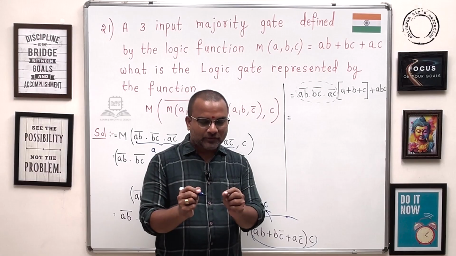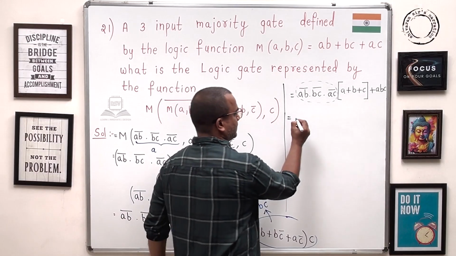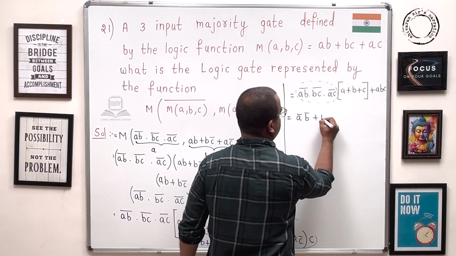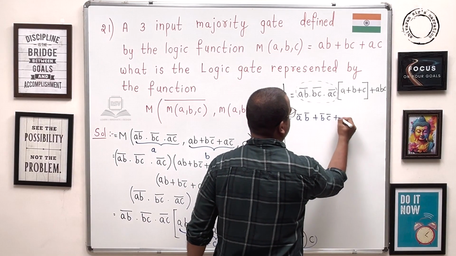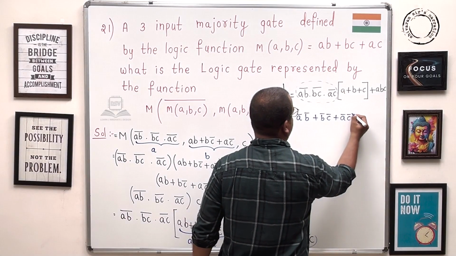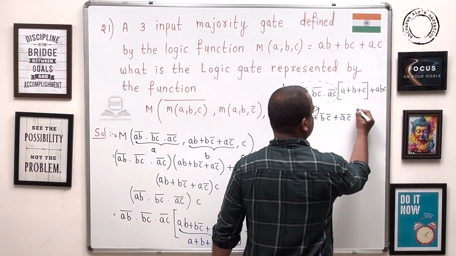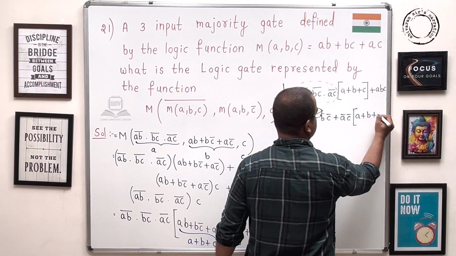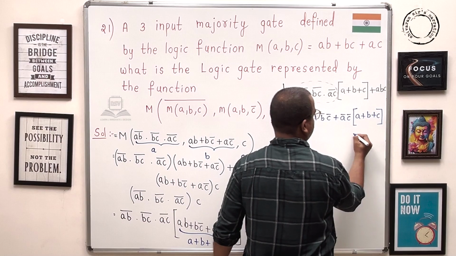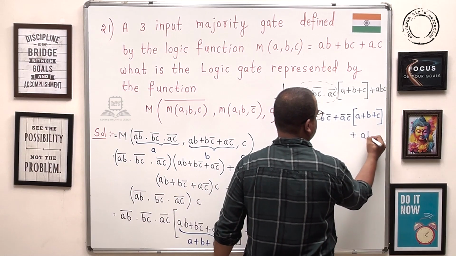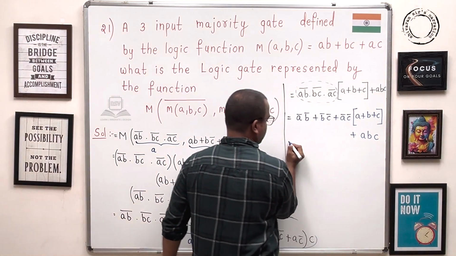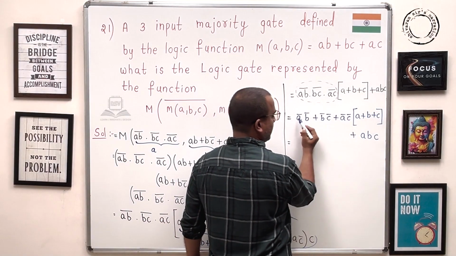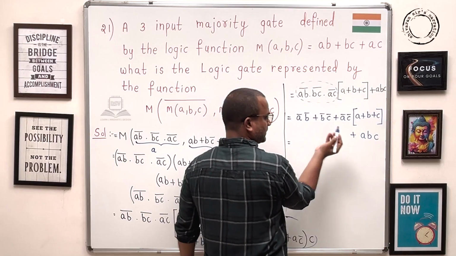Okay. So the simplified term is A bar B bar plus B bar C bar plus A bar C bar. And the rest of the terms as it is, (A plus B plus C) plus ABC. Now you see guys here, A bar B bar into A bar, A bar B bar into A gets cancelled, 0.